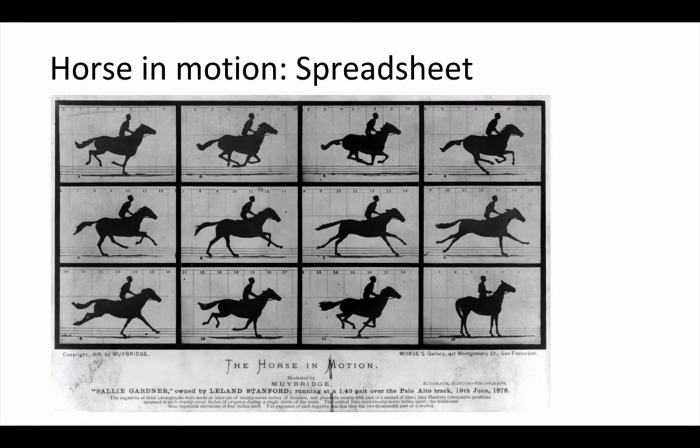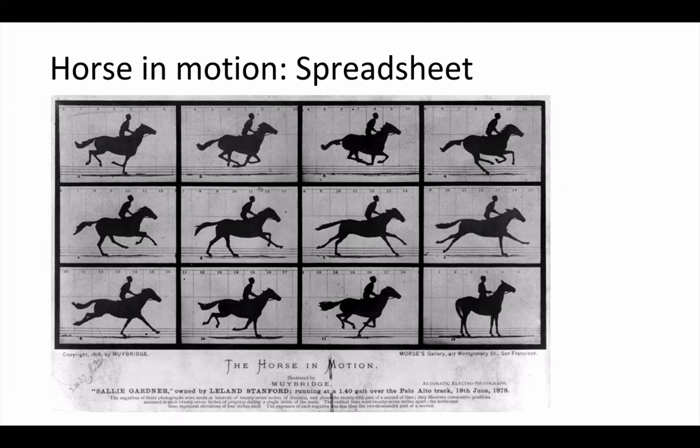Let me remind you how animation was invented. In 1872, photographer Eadweard Muybridge wanted to find out whether a horse raises all four legs during a run. He took pictures when a horse with a rider ran past.